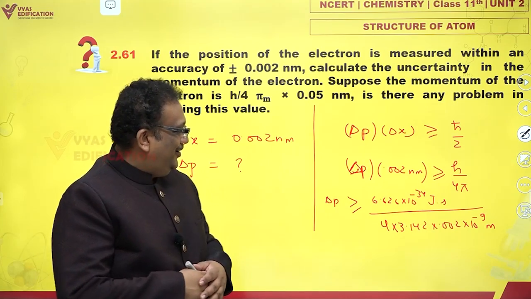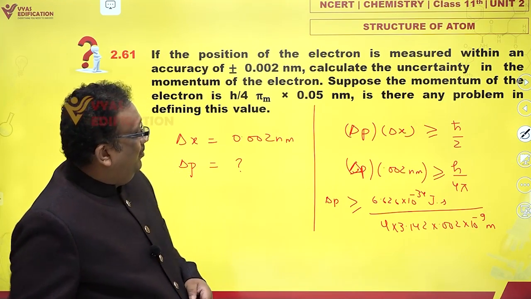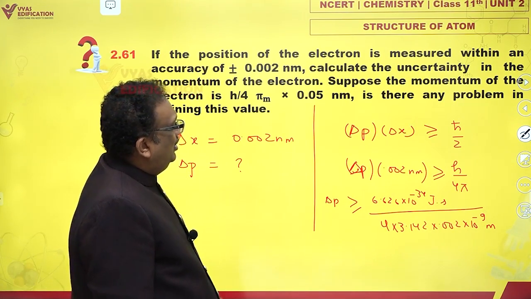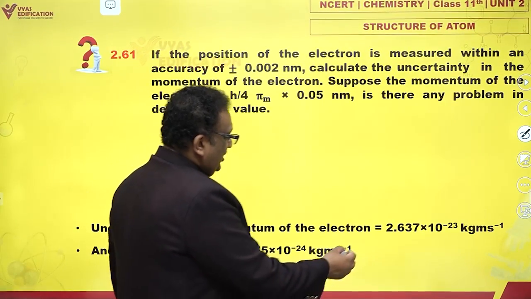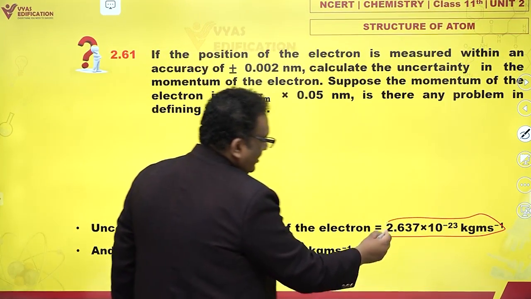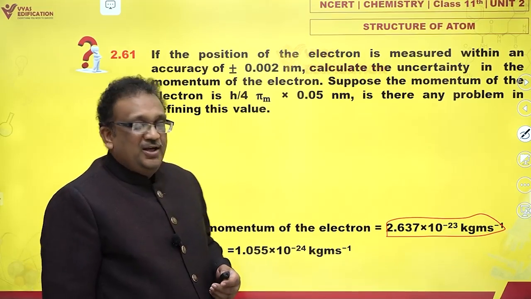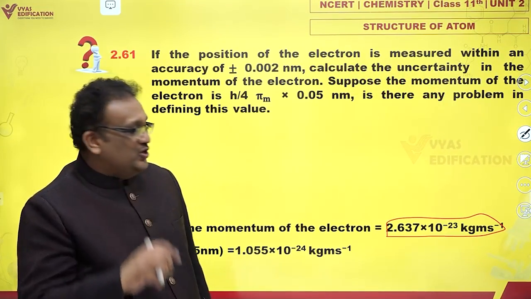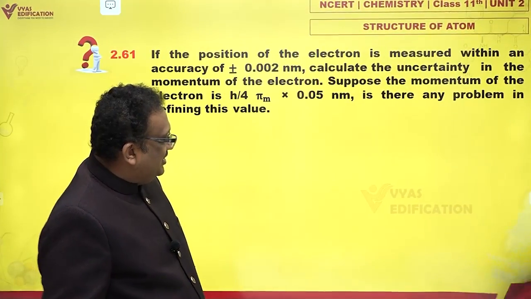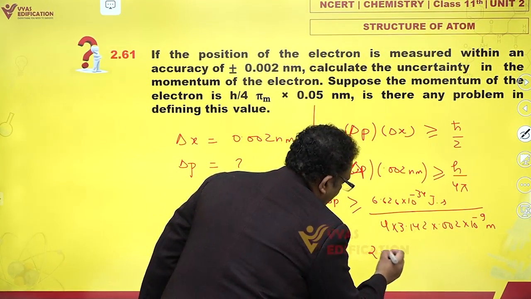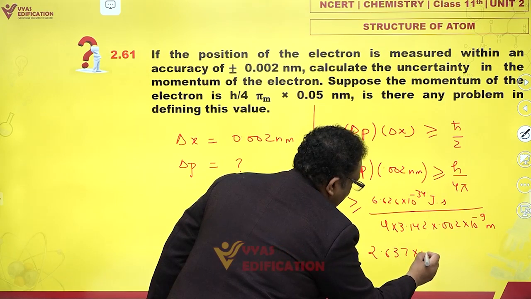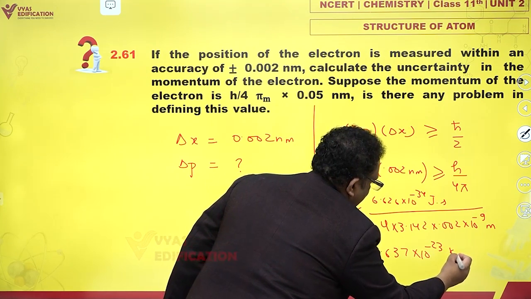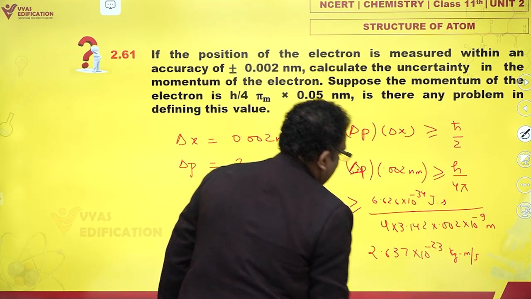How much will this boil down to? You can calculate that. This would give you 2.637 into 10 to the minus 23 kilograms meters per second. SI units of momentum, 2.637 into 10 to the minus 23 kg meters per second.